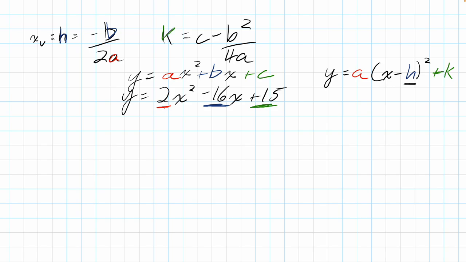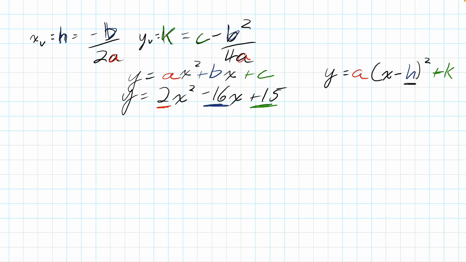The K value, which is also the Y value of the vertex, those two things are equal, is equal to this little formula, which we can pull out of the standard form. Essentially, A is our red one and B is our blue one. We can either complete the square, which we're going to do, to turn this standard form, the general form, into this form for vertex.